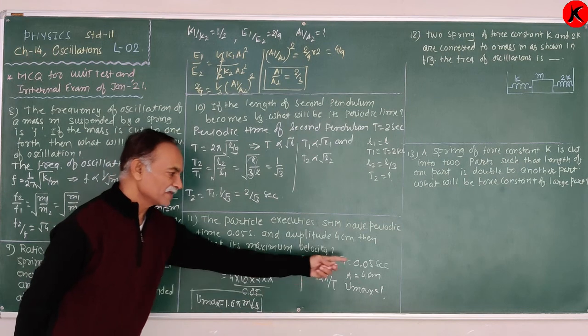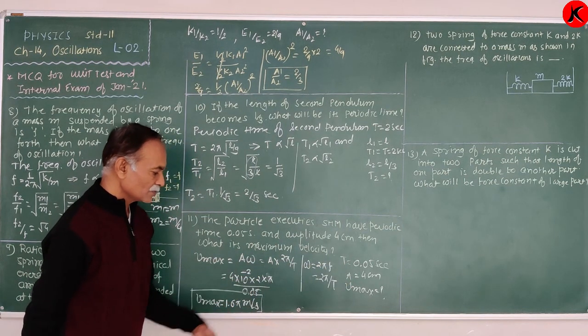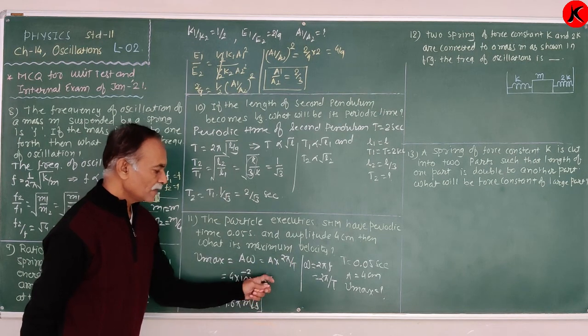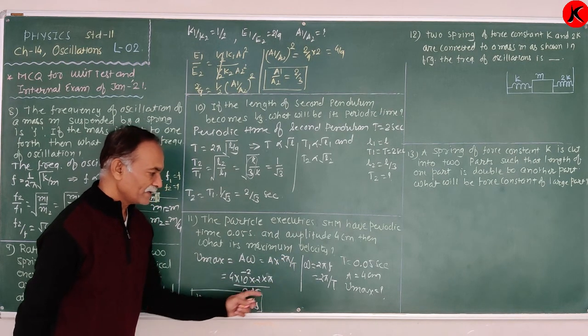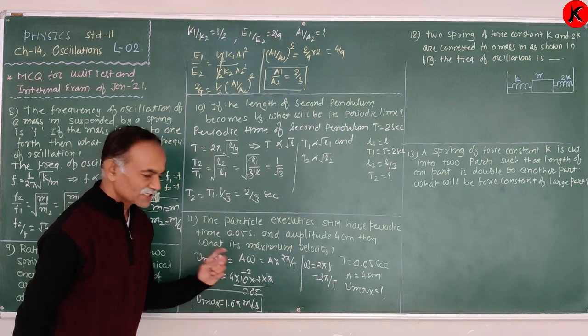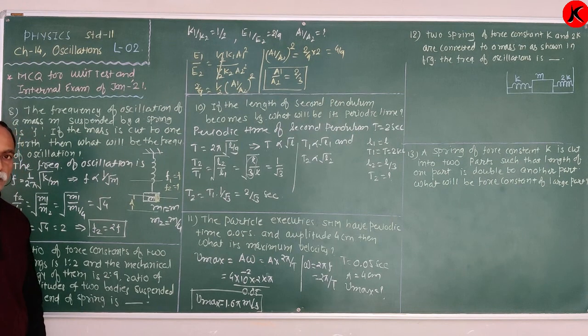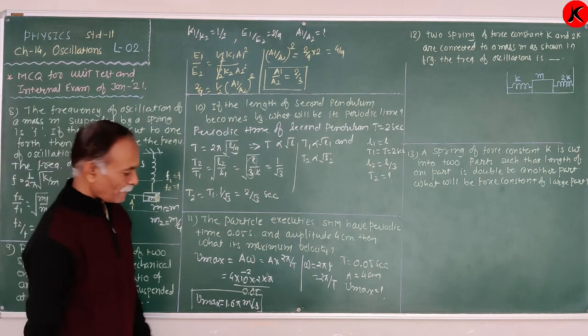Amplitude is given in centimeter, convert into meter: 4 into 10 to the power minus 2. 2 into pi upon periodic time T, 0.05. Therefore, 1.6 pi meter per second.